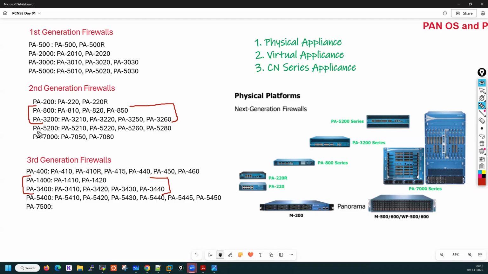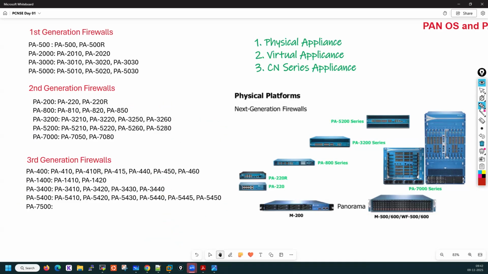Okay. And you know, guys, the PA5200 series and 7000 series are for data centers. Here, the 5400 and 7500 series are for data centers only, where you need throughput in GBs. Okay, so that's how they have released those particular boxes.